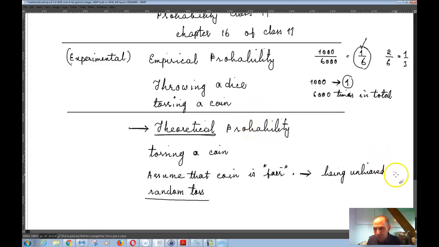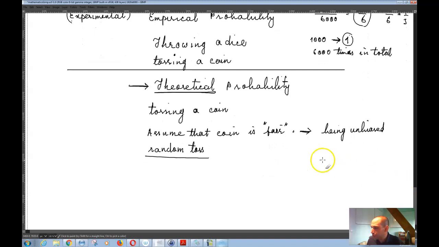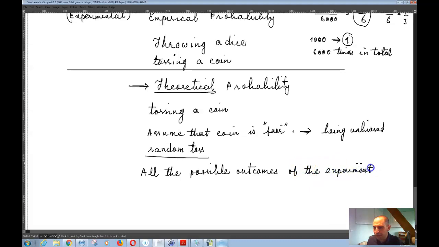And then one more assumption that we need to make is that all the possible outcomes of the experiment are equally likely to occur.